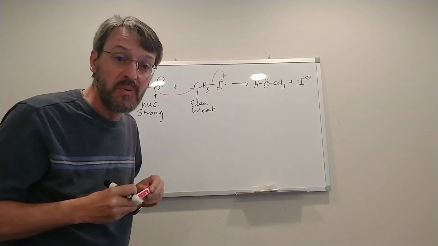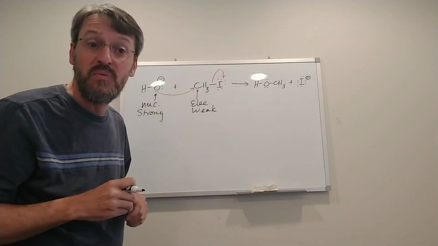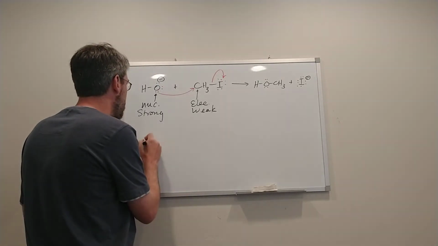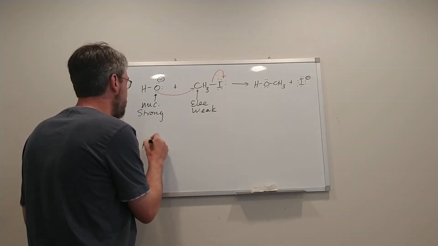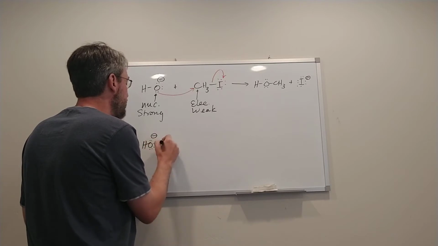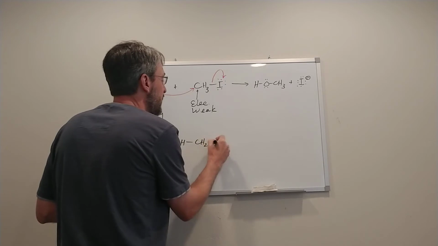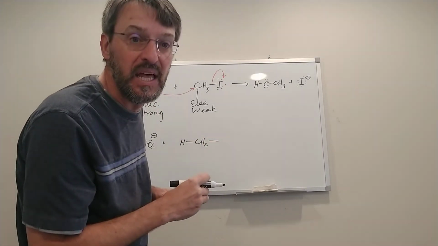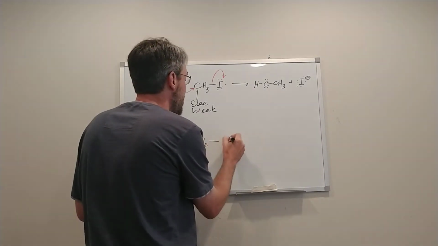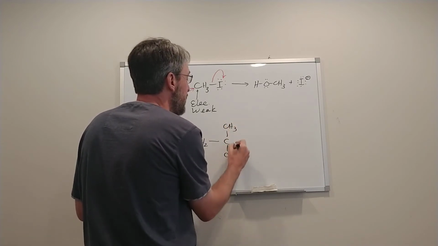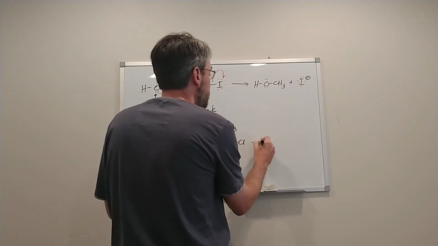Okay, so for the next one, once again, we have hydroxide. So are we noticing a theme here? Right, so we have HO minus, and then we have an H, CH2, carbon, CH3, CH3, chlorine.